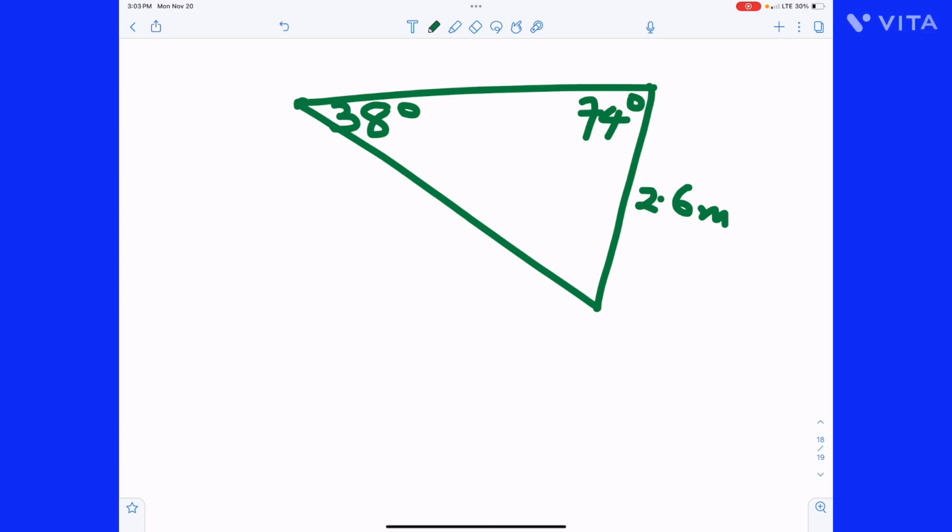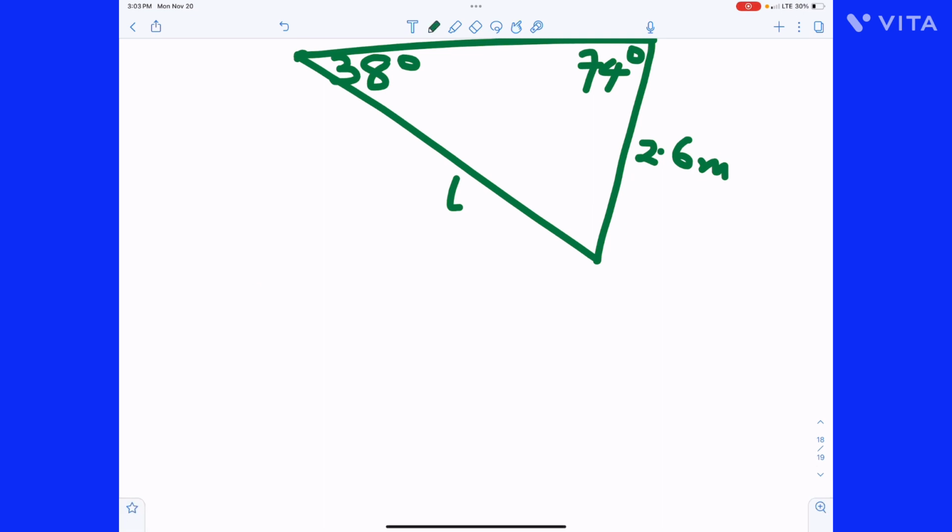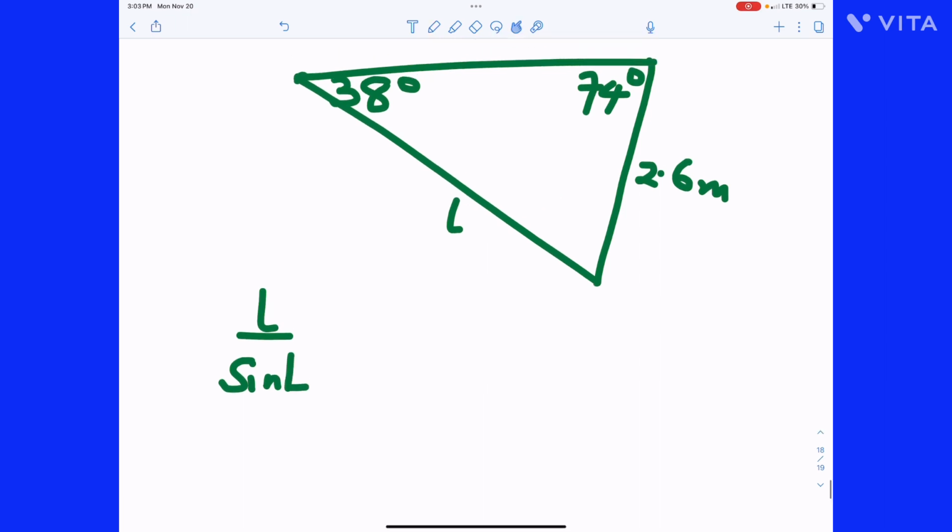We want to find the longest string here. Let's just call it L. So using sine rule, L over sine L. Let's call this angle L, this angle M, where the mass is, and this angle N.